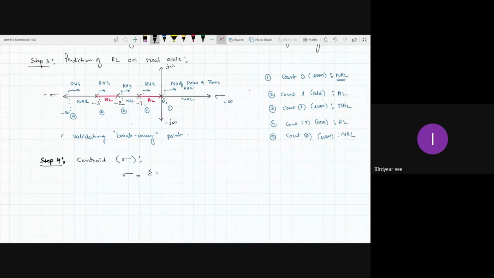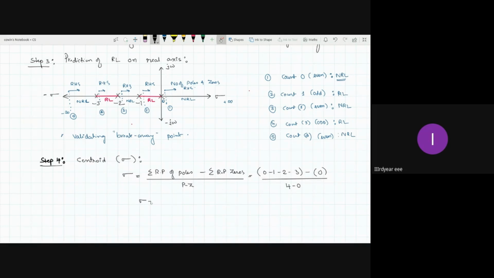Sigma is equal to the summation of real parts of poles minus the summation of real parts of zeros, divided by P minus Z. The real parts of the poles are 0, -1, -2, -3. Minus the real part of zeros, no zeros, so put 0, divided by P minus Z. The number of open loop poles is 4, zeros are 0.